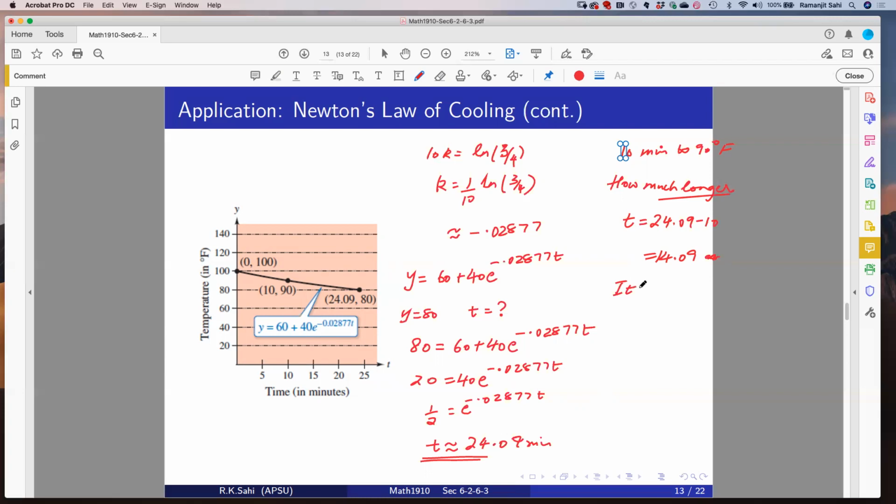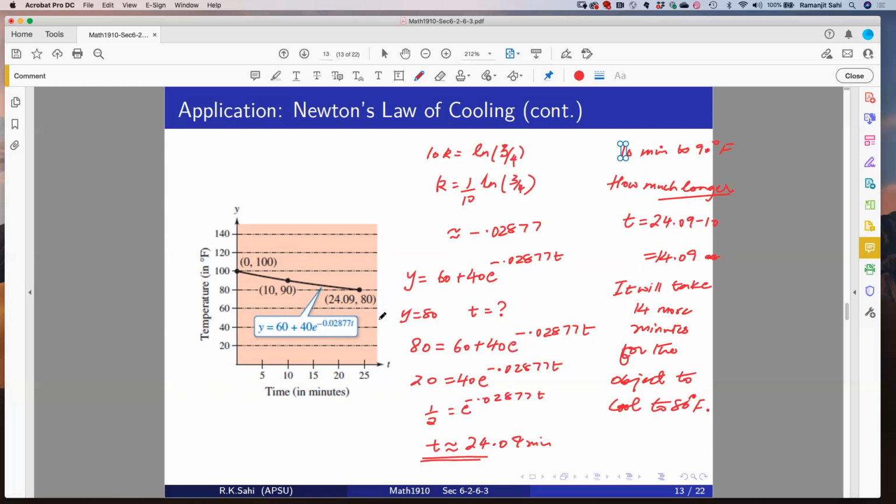It will take 14 more minutes for the object to cool to 80 degrees Fahrenheit.